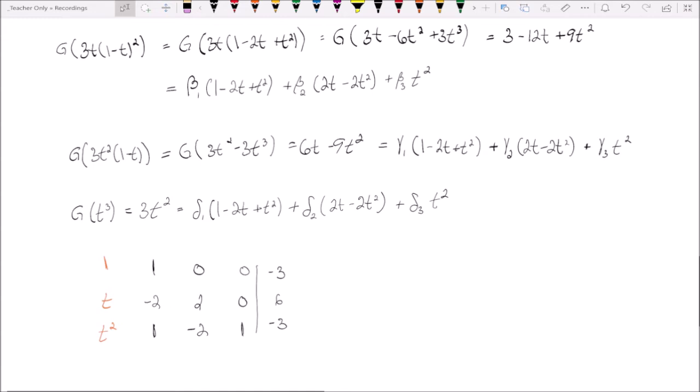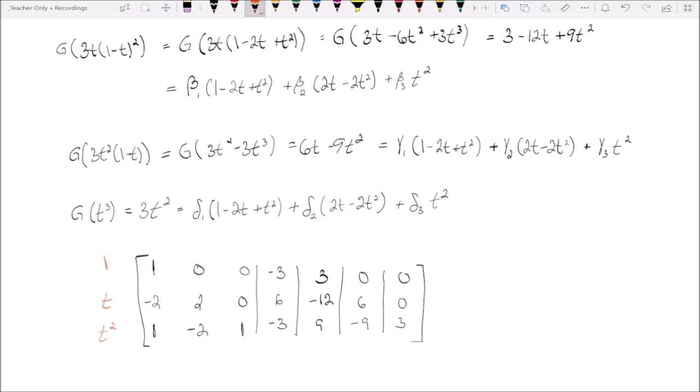So why not go ahead and augment again and add 3, -12, 9. Right, the third system, or the third equation, would be augmented with 0, 6, -9. So let's go ahead and add that. And the final equation would have an augment of 0, 0, 3. So let's go ahead and add that.